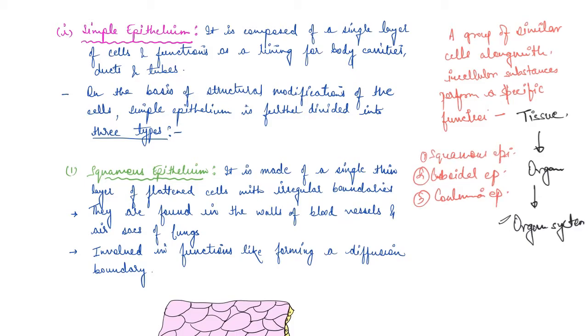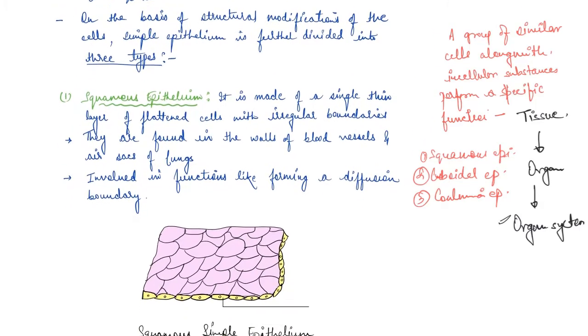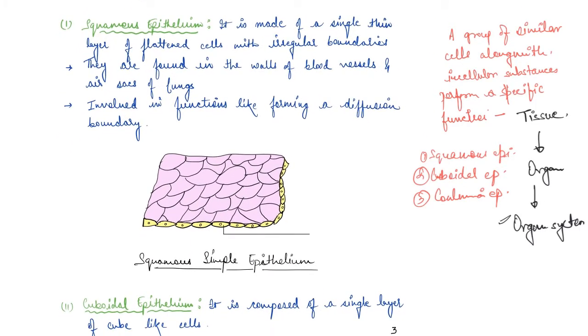In the case of squamous epithelium, it is made up of a single thin layer of flattened cells with irregular boundaries. They are found in the walls of blood vessels and air sacs of lungs, and it is involved in functions like forming a diffusion boundary.